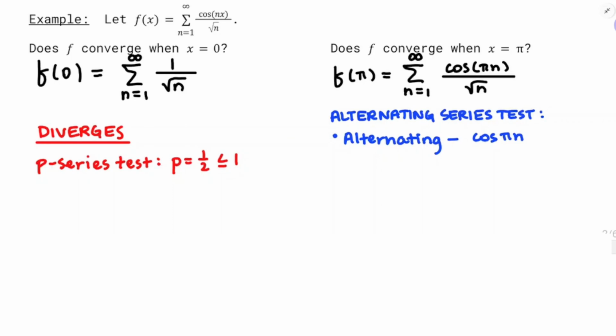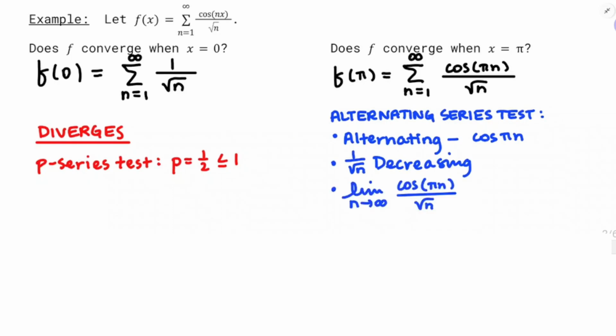It's just going to lose the negative part, so it's 1 over the square root of n. And yes, that's definitely decreasing, because the bigger the denominator gets, the smaller the fraction gets. And is the limit of the terms equal to 0? Well, cosine of pi n is either 1 or -1, and square root of n is growing, so this limit is going to equal 0. Okay, and so if all of these 3 conditions are met, I can conclude that the series converges.